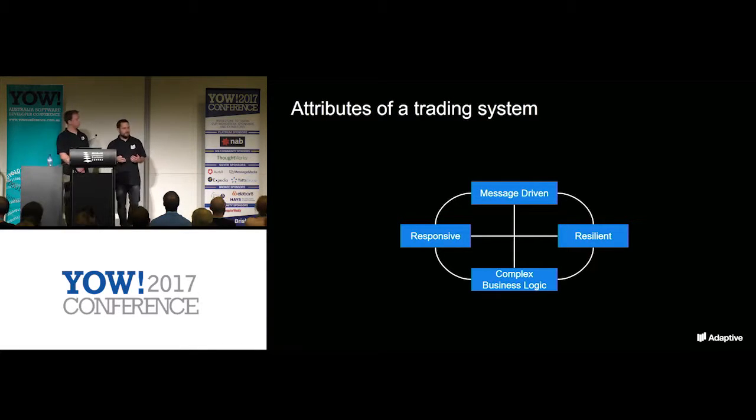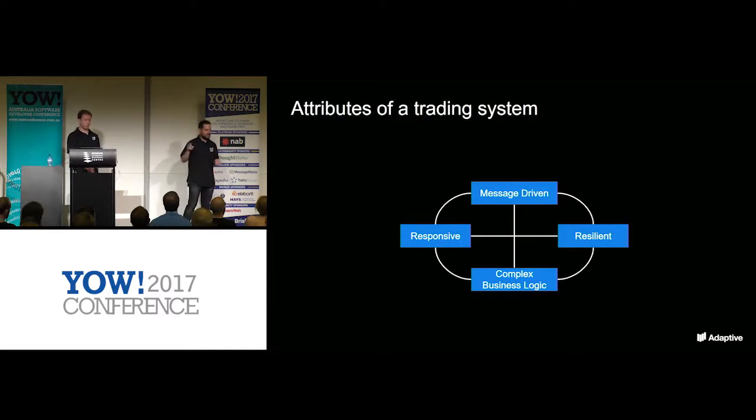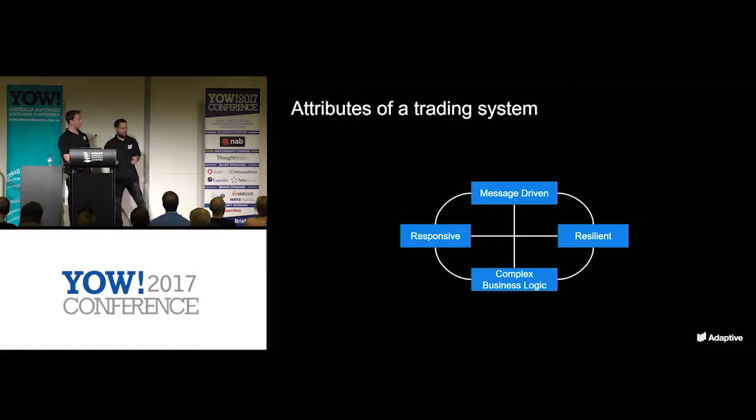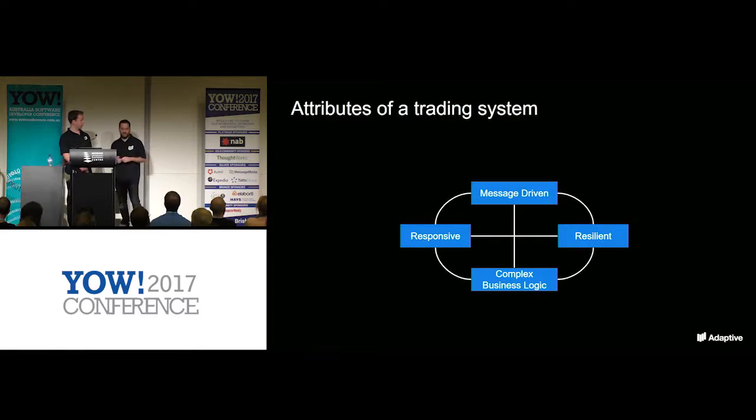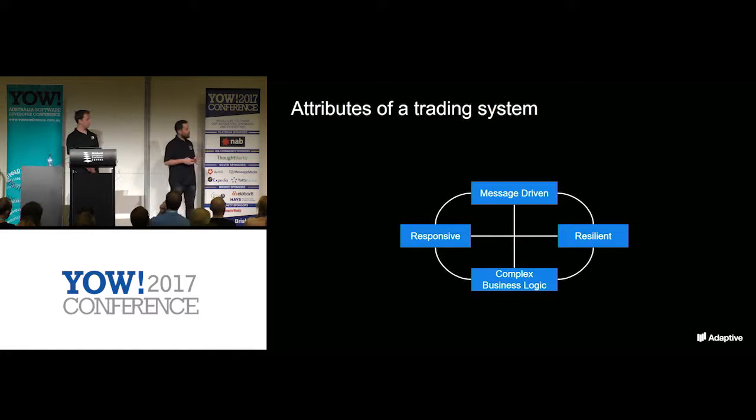In terms of resilience, the traders using those platforms are, at the click of a button, transacting multi-million trades. So those systems need to be very resilient. We don't want to lose the trade or the order of a customer. And also, we have to deal with quite complex business logic. So we have complex products and complex workflows to orchestrate between traders or between a trader and a machine.